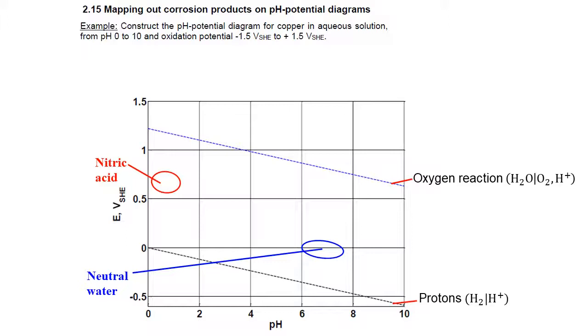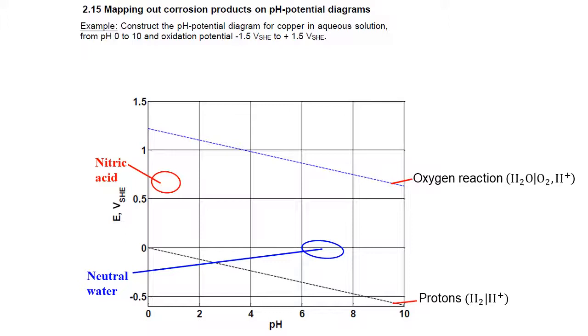Now the upper dashed blue line is the oxygen reaction. You see the neutral water I've circled in blue. I've said this environment might give me a measurement on the copper which is a slightly more positive mixed surface potential than would be explained by the hydrogen ions alone. That's because maybe the solution also contains some dissolved oxygen, and the oxygen equilibrium potential, assuming 1 molar dissolved oxygen, which is unnaturally high, would be the dashed blue line.